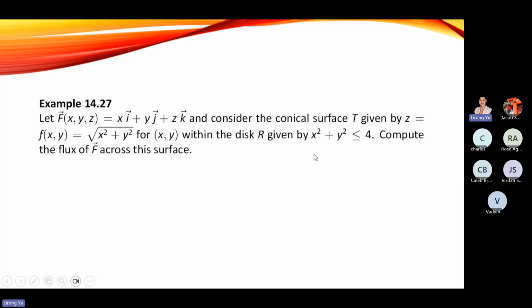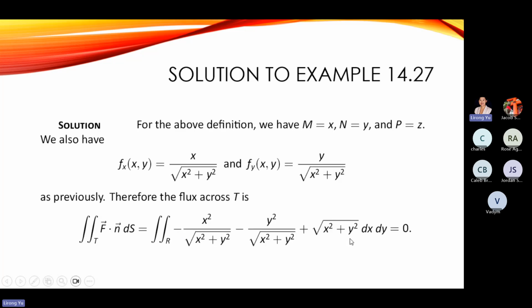The last component should be 1. So you take the F vector dot the gradient vector of your surface. That's exactly what we're doing here. And now we're integrating, and the final answer ends up being 0 for the dot product.